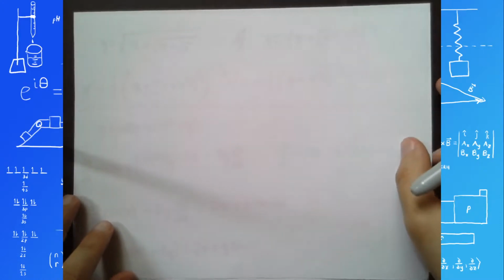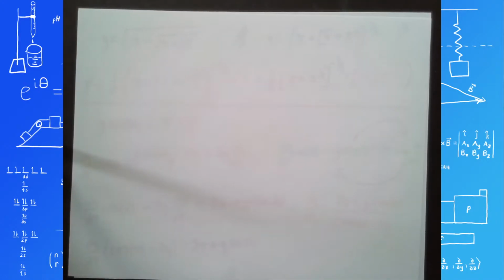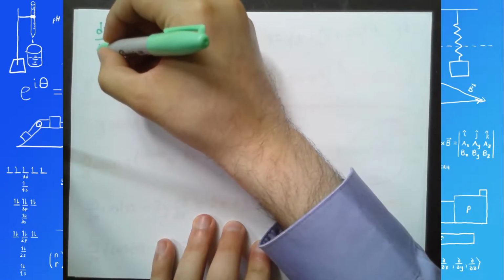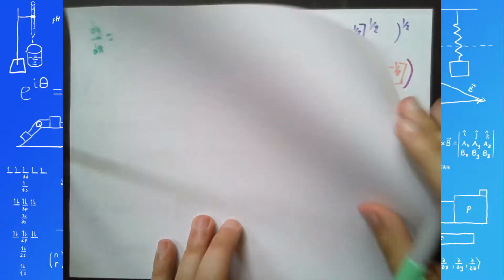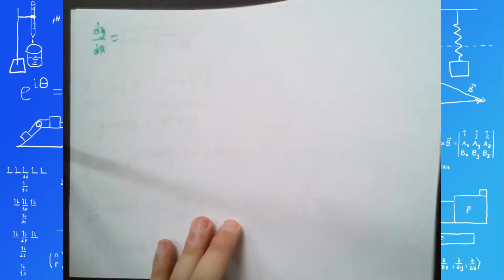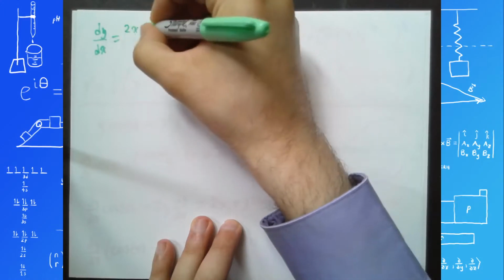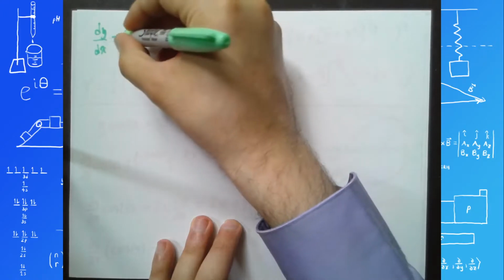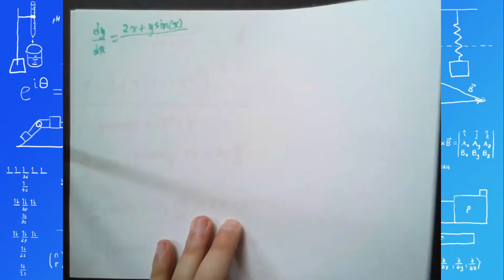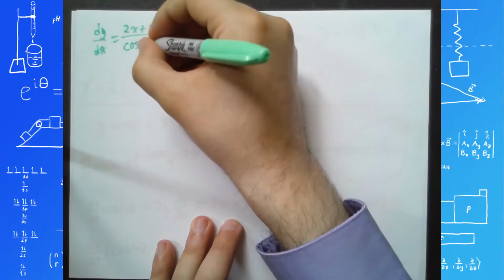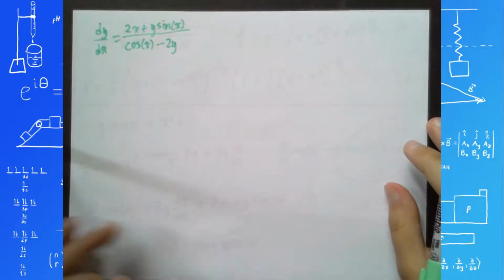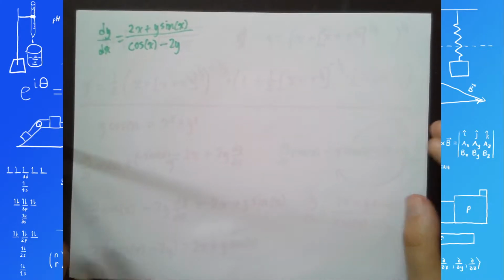How would we get the second derivative? So I'm going to copy what we got for our first derivative, dy dx equals 2x plus y sine of x over cosine x minus 2y, and if we want to get the second derivative, we just take the derivative of the derivative.